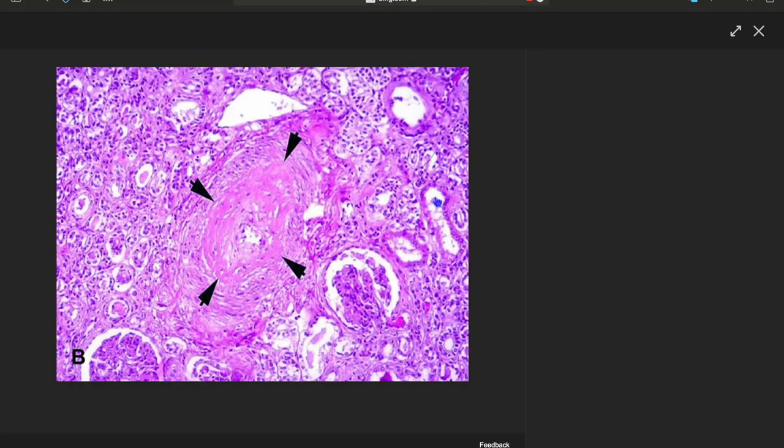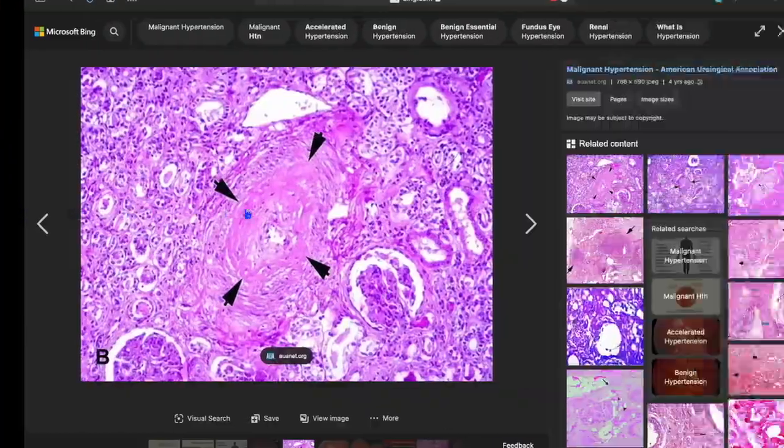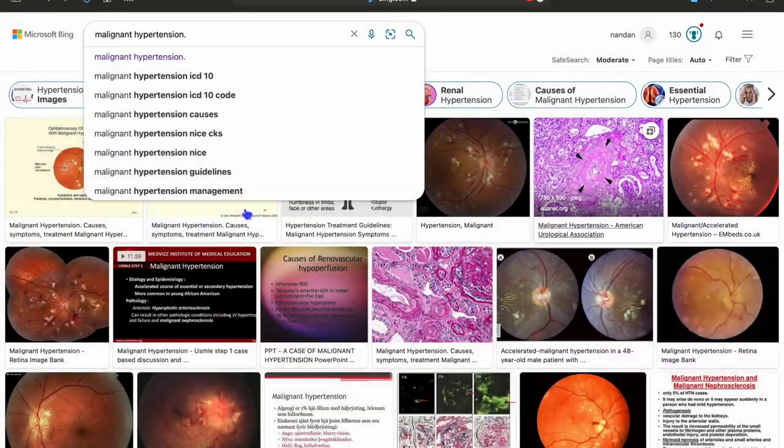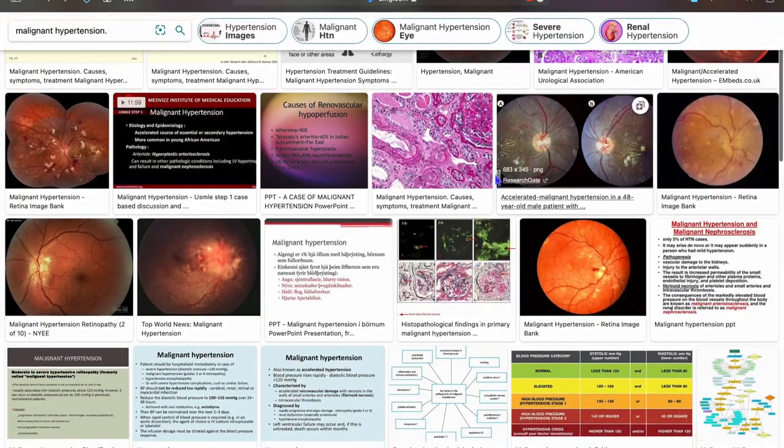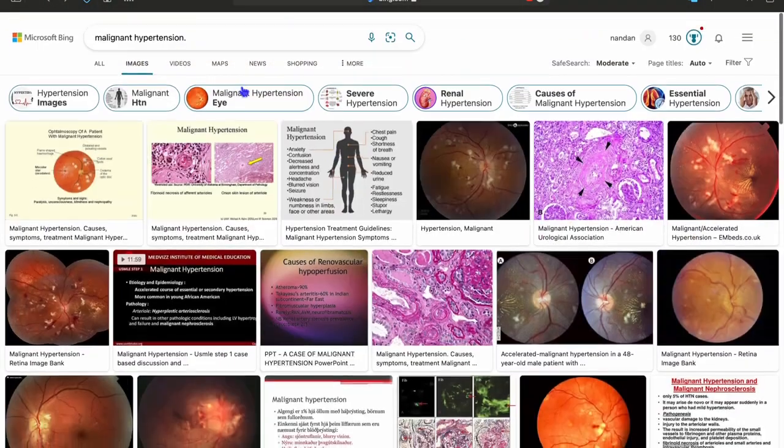So that's what it looks like. Notice how there's only this much space left right now. You have hypertrophy of all the layers of an artery. Remember the artery anatomy that we looked at. So again, hold on, let's see.